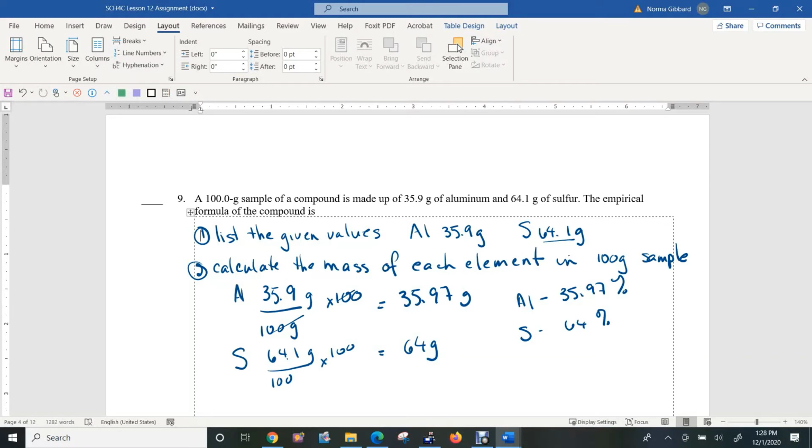And this was really step 3. And in step 3, what you want to do is take your percents and now convert the mass into an amount.